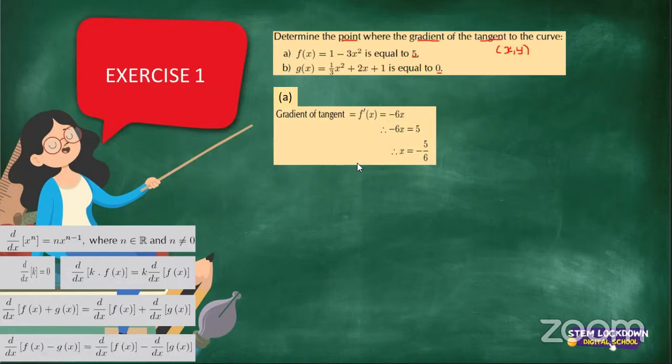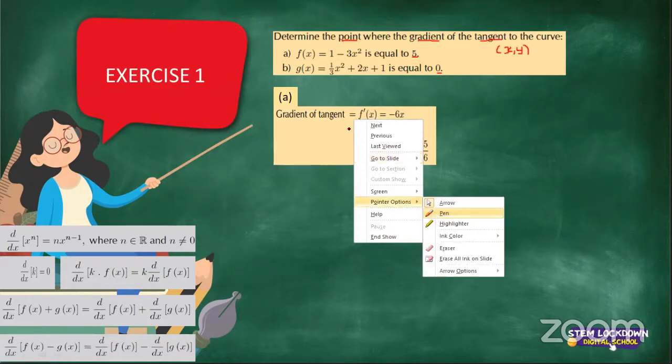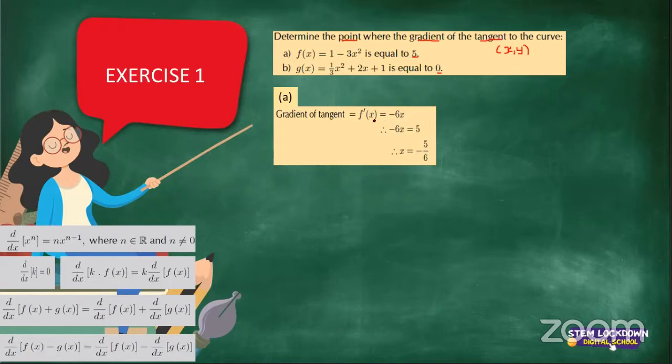So from our knowledge of using laws of differentiation, we know that if you find the derivative of this function, you'll actually get minus 6xy because the derivative of a constant is 0.